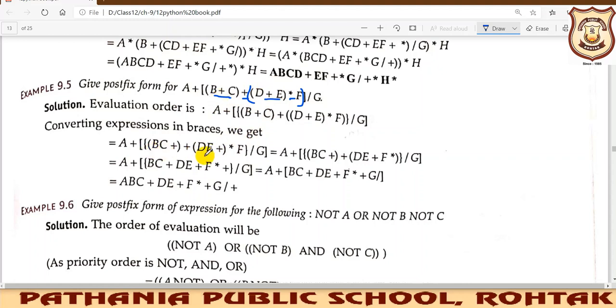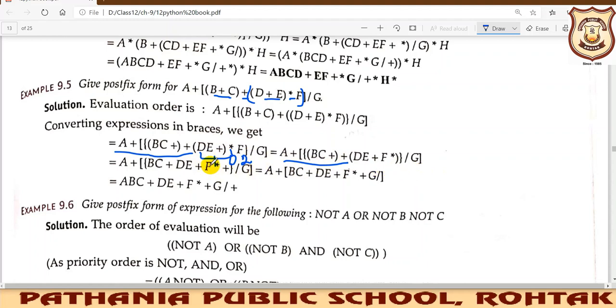Now we will try solving this. This is your first term, first operand, this is your operator, and this is your second operand. Up to here everything is same. Now we will solve this part only.